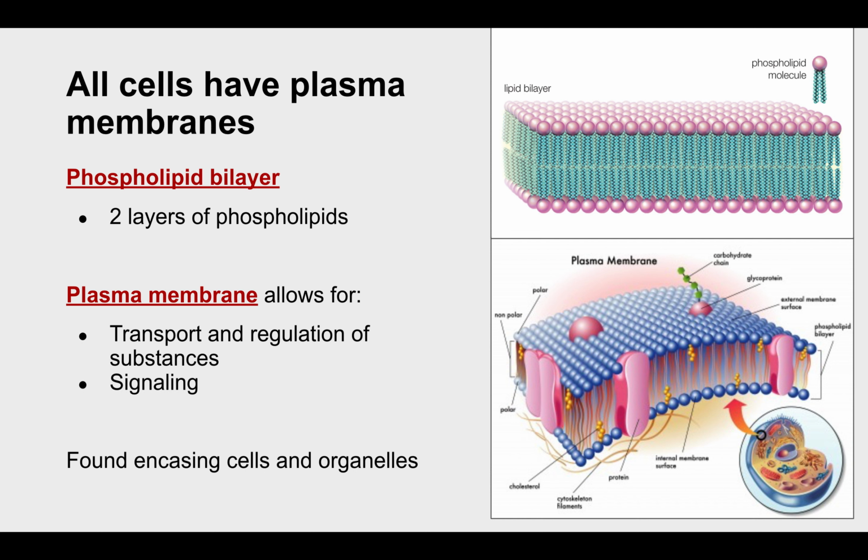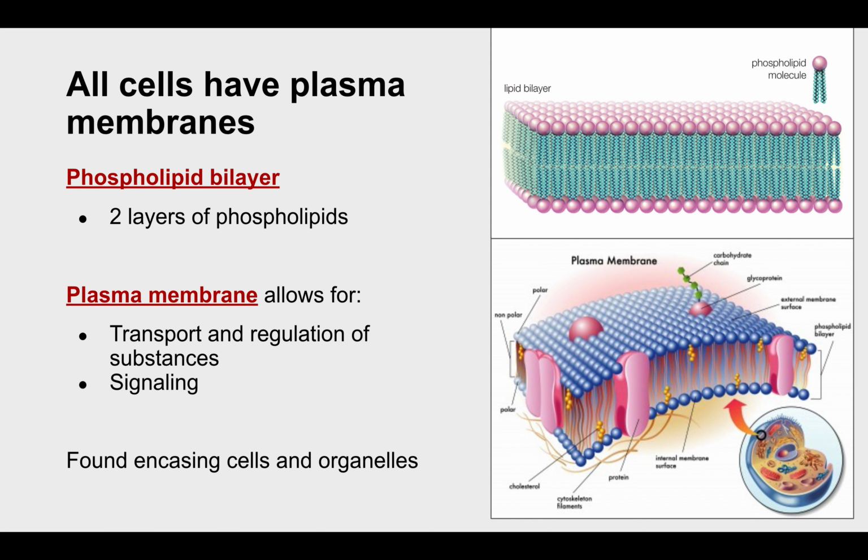A phospholipid is this molecule in the corner here by itself. It has what's called a head part and a tail part. The tails are hydrophobic, which means they don't like interacting with water. And so these tails often come together and interact with each other, but they don't have to interact with the water inside or outside of the cell.